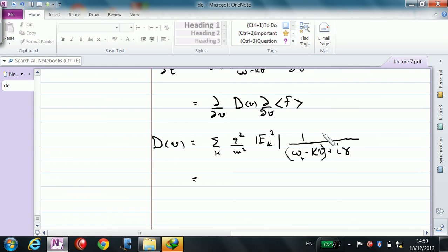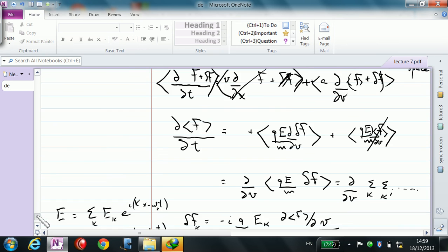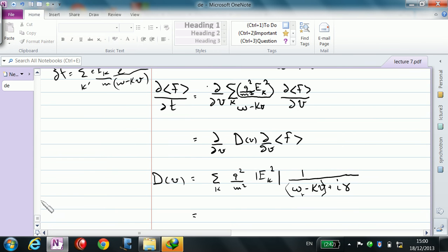And since this equation is obviously an equation for a real function and a real diffusion coefficient, you throw away the imaginary part, because some of that non-resonant delta V is reversible.